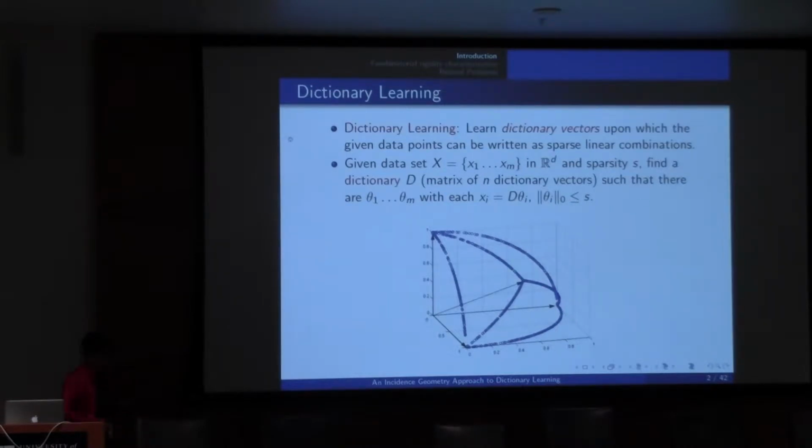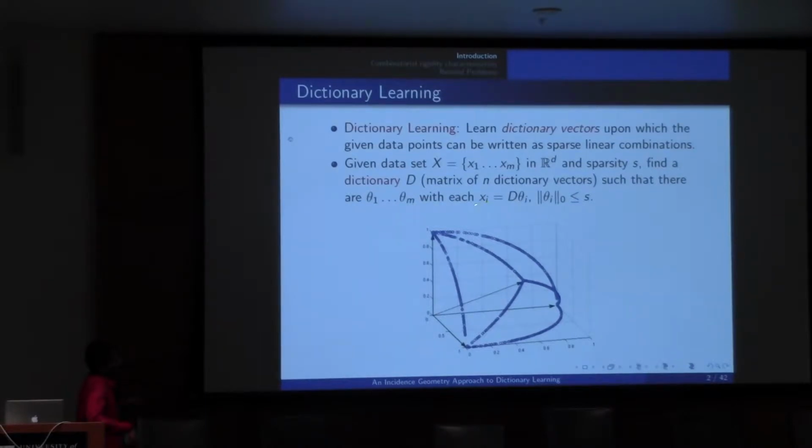So the dictionary learning problem in general is: given a data set in some dimension, the goal is to find a dictionary, with any number of dictionary vectors. At this point, I'm not concerned about how many. Typically, you want to minimize the number of dictionary vectors as well, but at this point, I don't care.